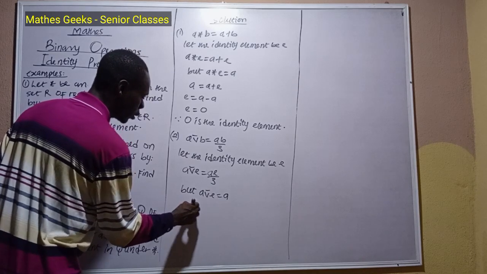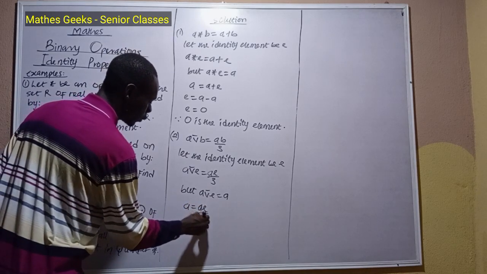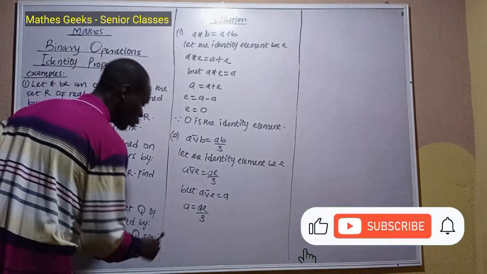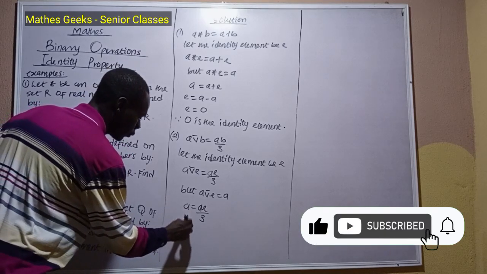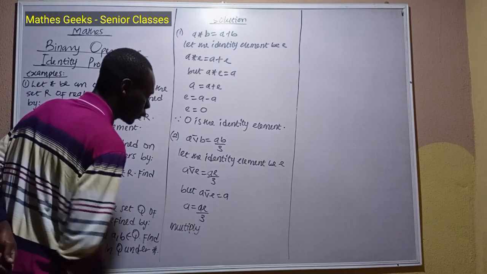So this will take the place of this expression here. So A equals AE over 3. Next, multiply both sides by 3, because we want to make E the subject of the formula.